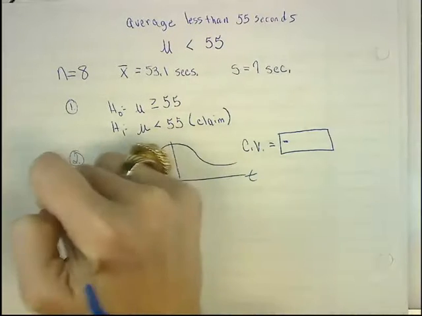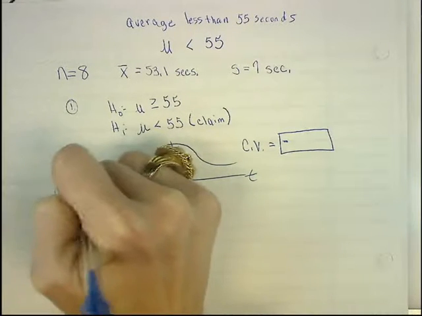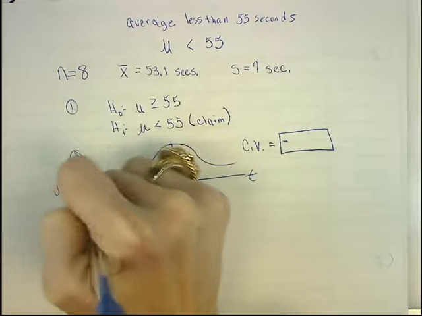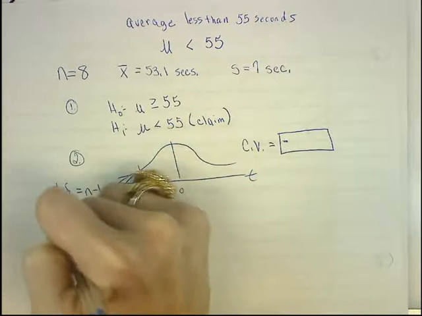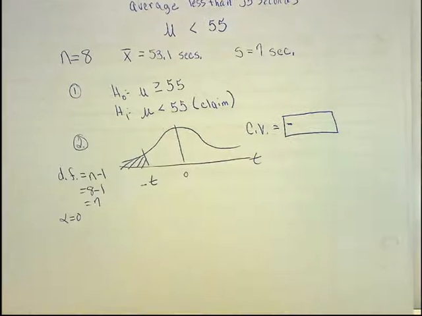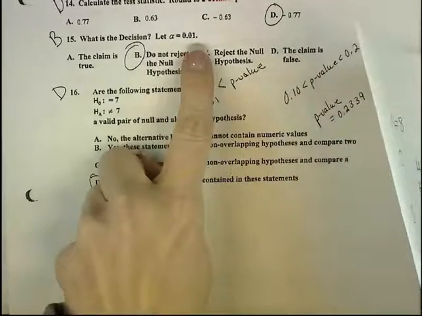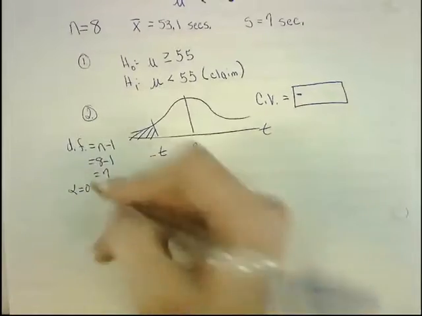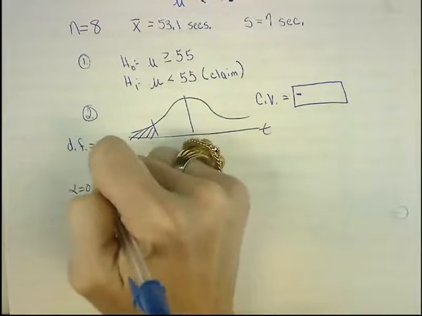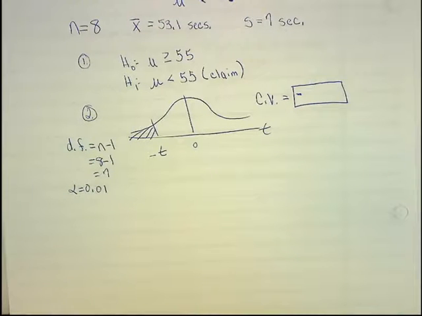You would go to degrees of freedom, row 7, and look up your alpha, which is given to you. And let's see, alpha is 0.01. And we find that out here in question 15. I'm going to the t-table.